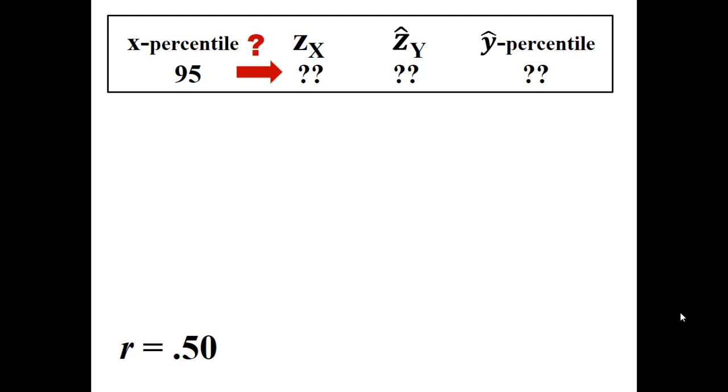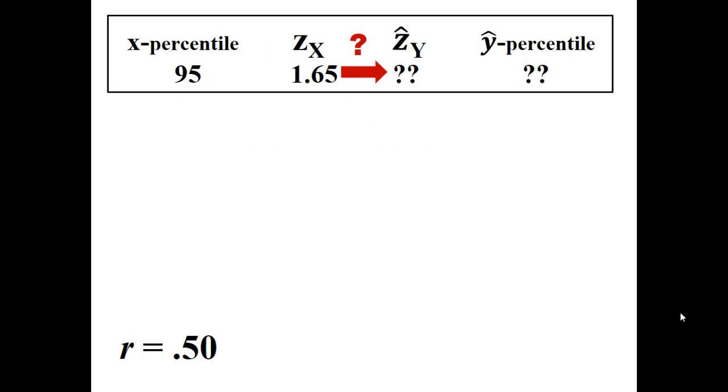Now, I did that for us. We used the table, and I found that the 95th percentile is equivalent to a z-score of 1.65. So we'll write that here. Now, normally, you'll have to do this for yourself, but we're going quick today. So just take my word for it. A 95th percentile is equal to a z-score of 1.65.